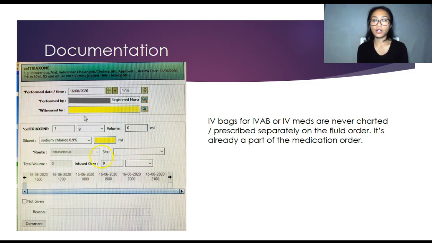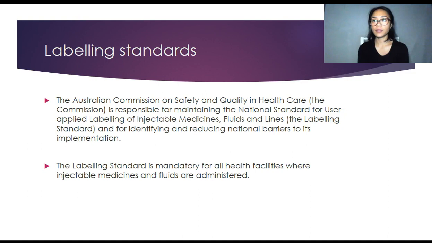For IV medications mixed into IV bags of fluid, it is just a prescription for the medication, not a separate fluid order chart. So you only look in one place, the medication chart. This is just going to remind you of that. You can revisit these slides, ask questions to your tutor or me, or the discussion board, and we'll answer that.